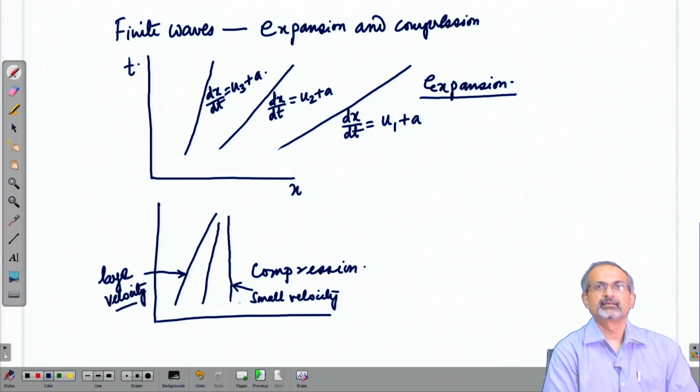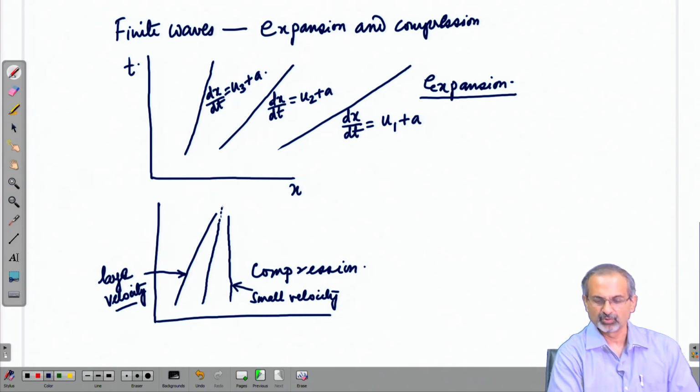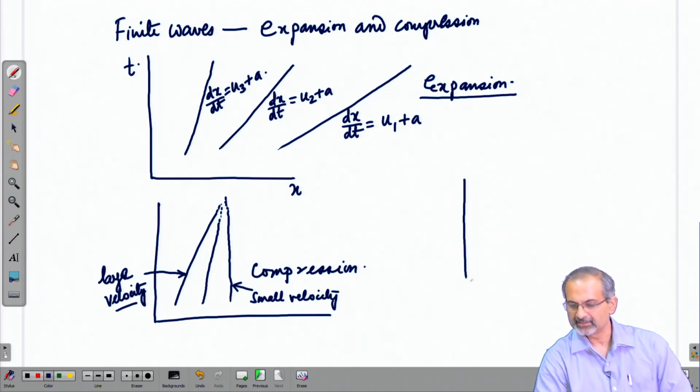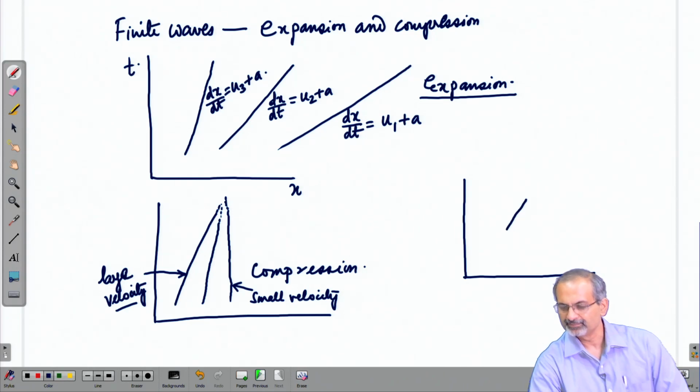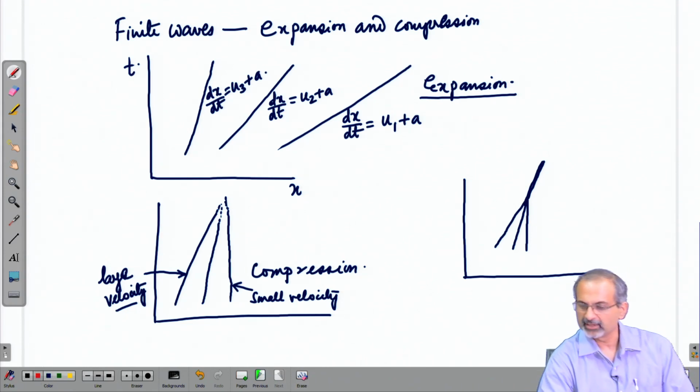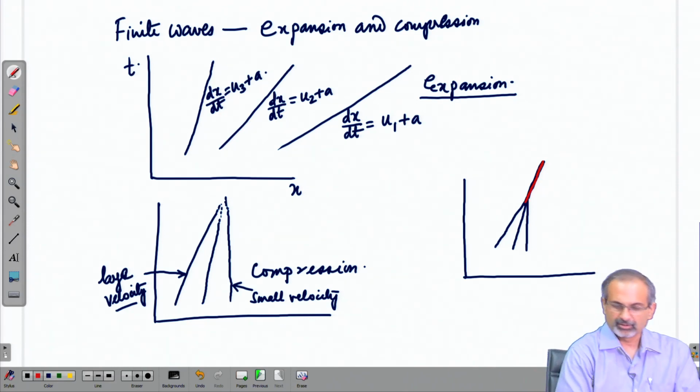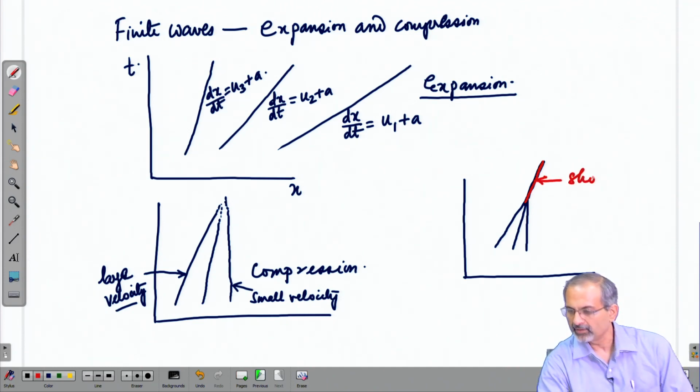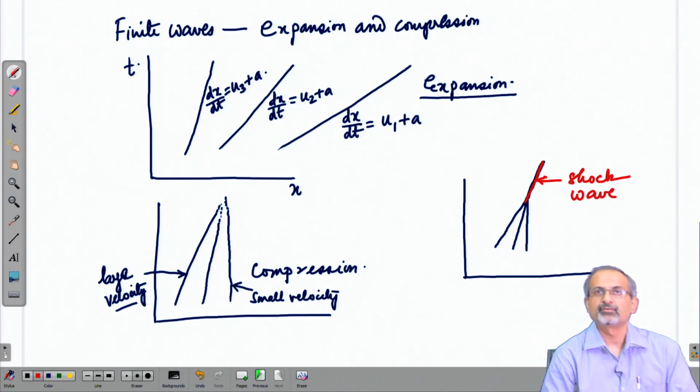So, larger velocity characteristics are tending to catch up with the slower one, and they are trying to come and cross each other. Now, the crossing is going to violate entropy conditions of second law. So, what they can do is they can merge with each other and form a final wave, which is much stronger in nature than the constituent characteristics, and this is how a shock wave is formed when the characteristics are getting closer.